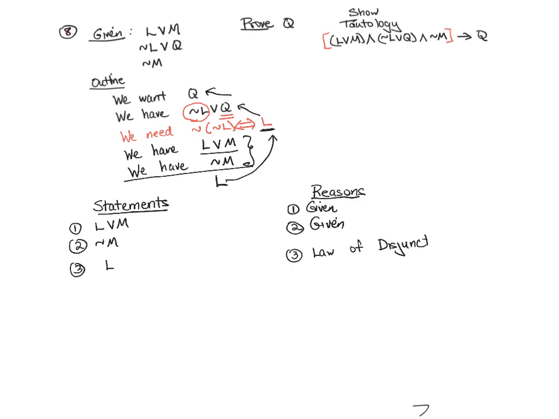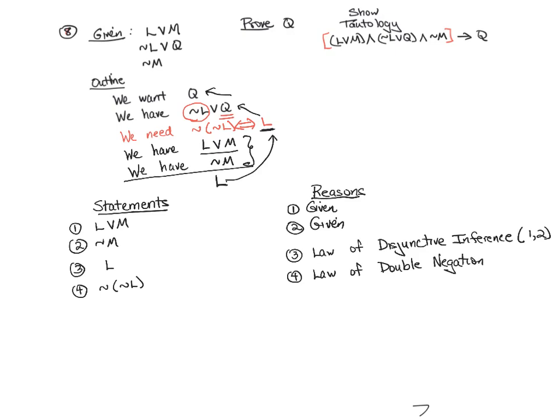And remember, the law of disjunctive inference only works for a disjunction. And that's statements 1 and 2. And this law requires 2 statements to make a conclusion. Now, the L was needed. We're going to double negate the L, by the law of double negation.